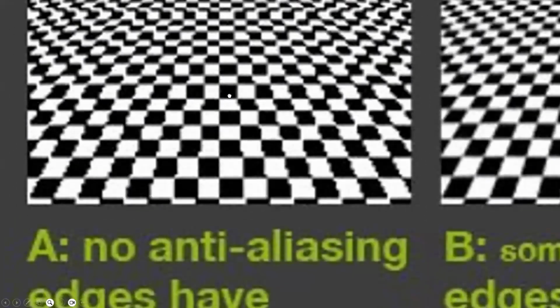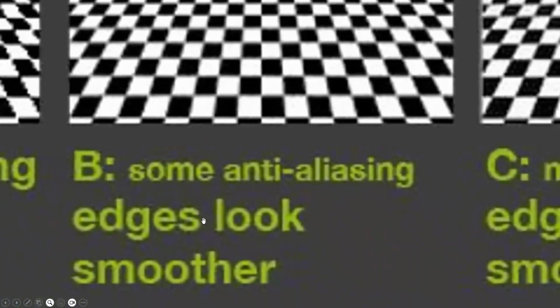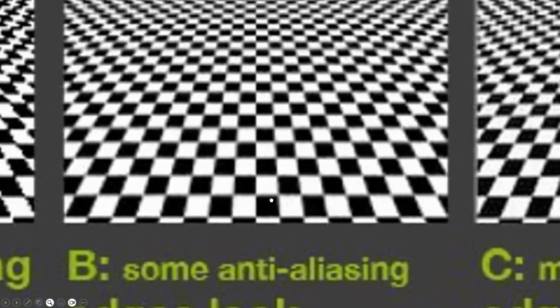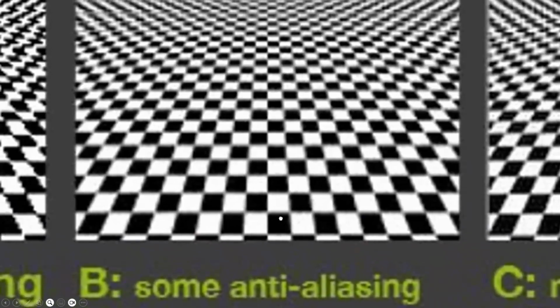Now, this one here is no anti-aliasing. Edges have jagged lines or jaggy lines. Now, some anti-aliasing. Things are looking a little bit better already, because that's eliminating the higher frequencies. And still, when you go further along, we're getting a little bit of a grayed out area.